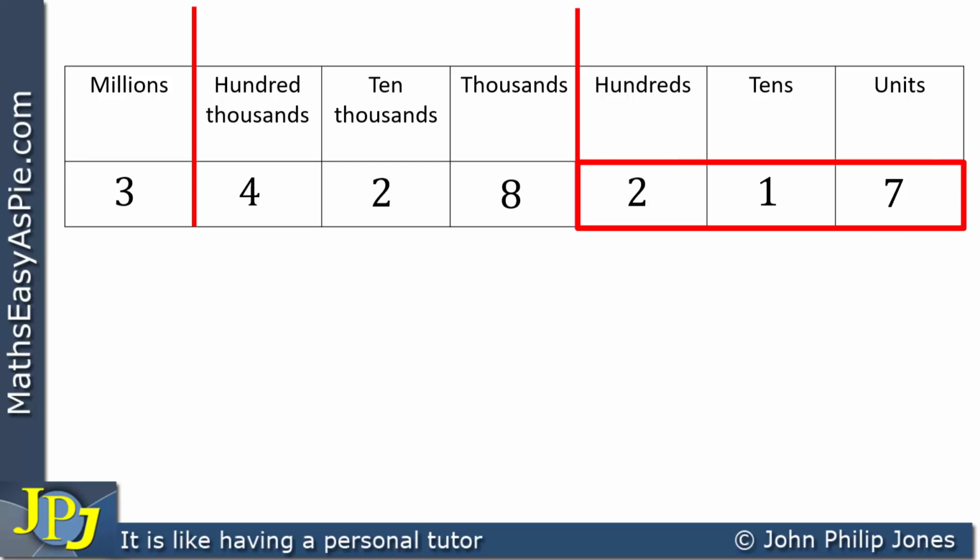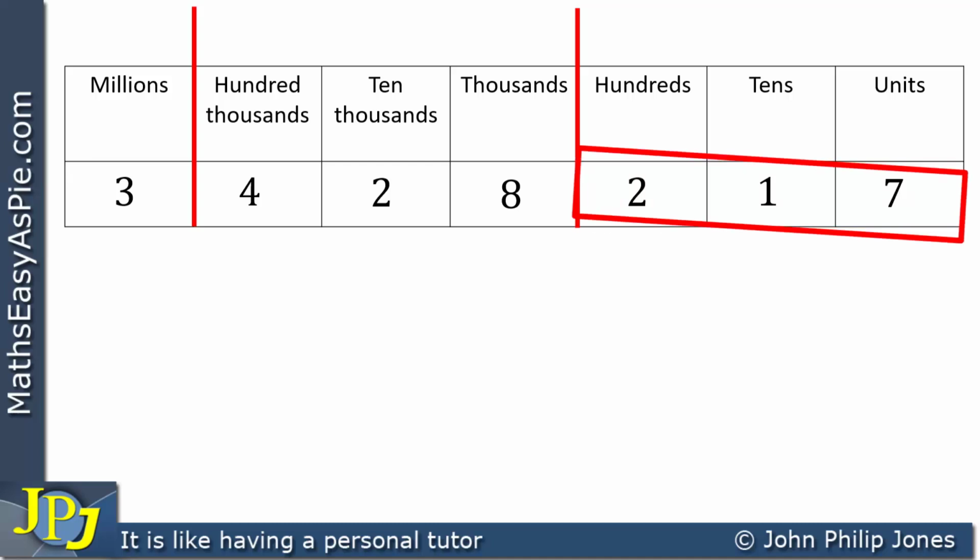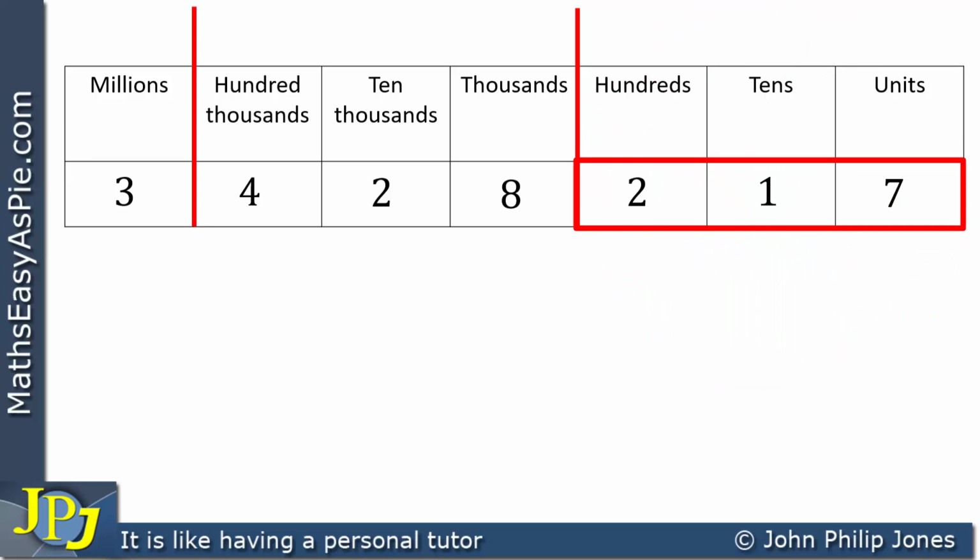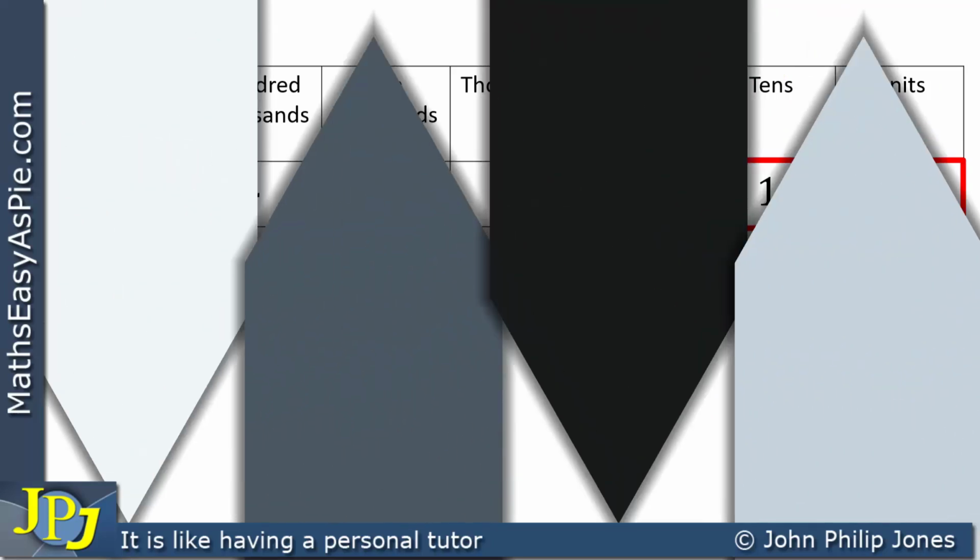So if we look at these 3 digits, what we can say is that this is 210 and 7. But of course, we would not normally say that. When you see a 1 and a 7 next to each other, we usually refer to that as 17. So this is 217. So these 3 digits in words are 217.